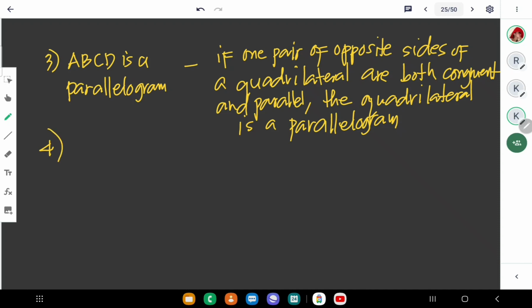Then the next one. Okay, so we've already proven from the given statement that one pair of sides are congruent and also parallel, and that ABCD is a parallelogram. So what's next? How about the diagonals?